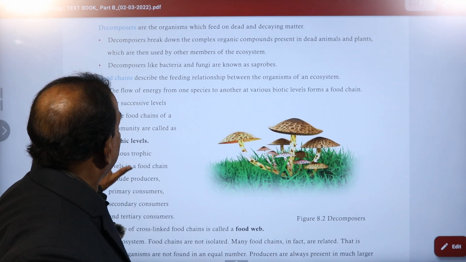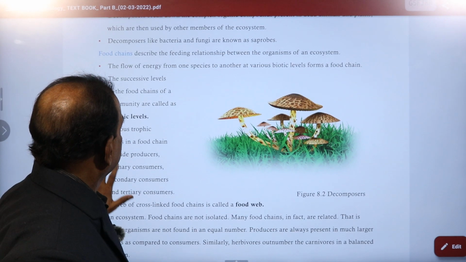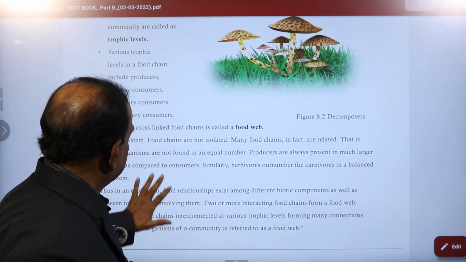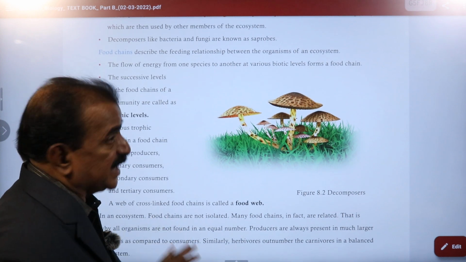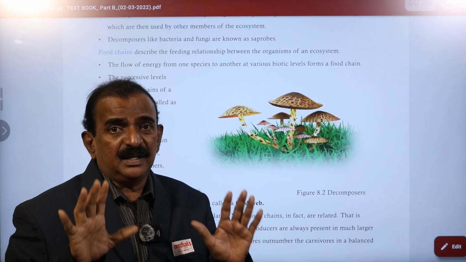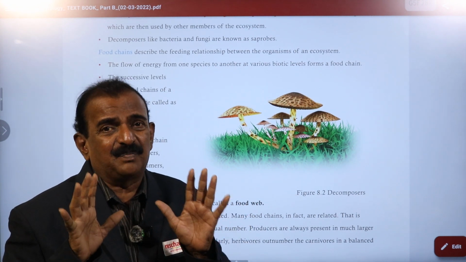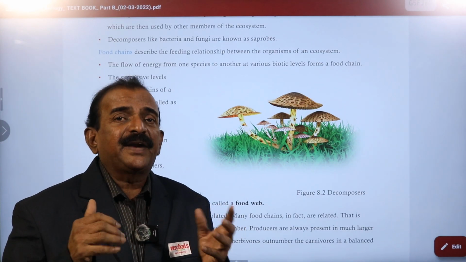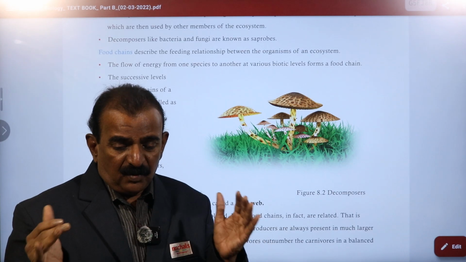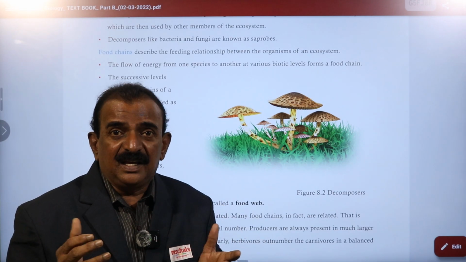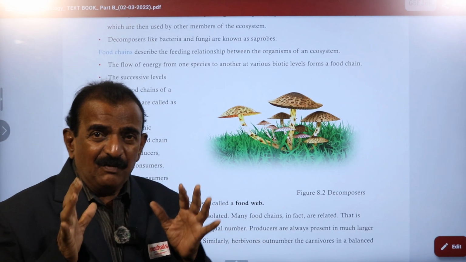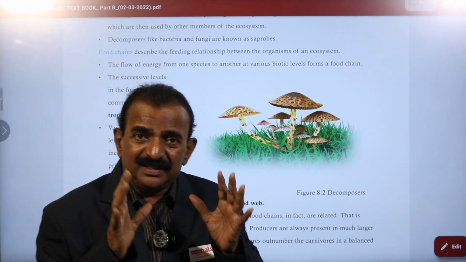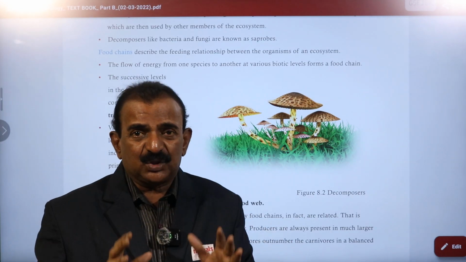And we need to understand what food chains are. We already observed food chains in the earlier application. A food chain has life forms, and they need an energy source.